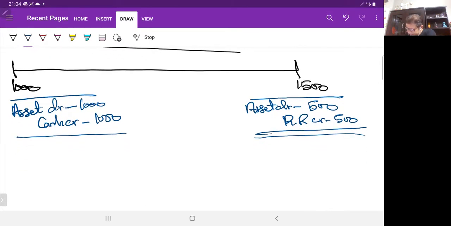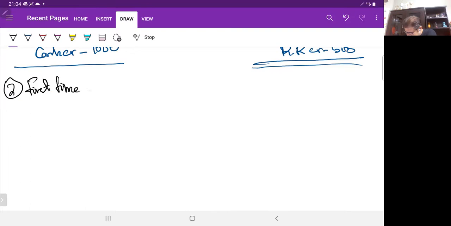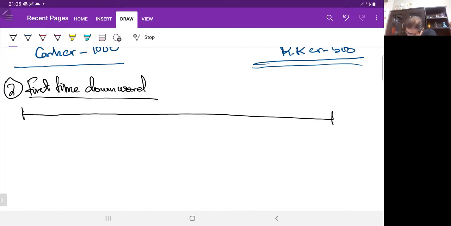Then next scenario. First time downward revaluation. 1,000, and it got down by 250 in year one, year zero, year one.